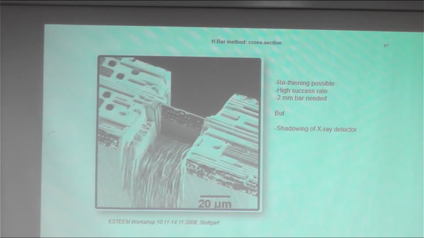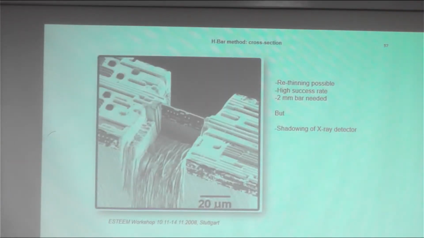Another problem in such an H-bar method is redeposition from this thick area, so some material can be redeposited on your specimen. However, it was one of the first methods introduced for cross-sectional preparation.